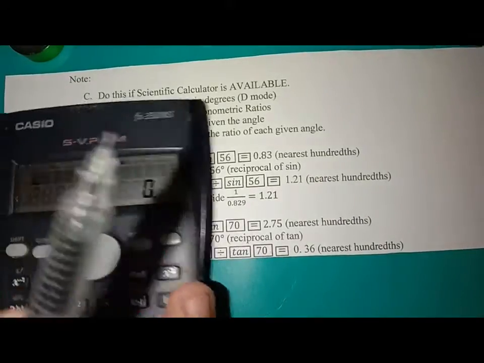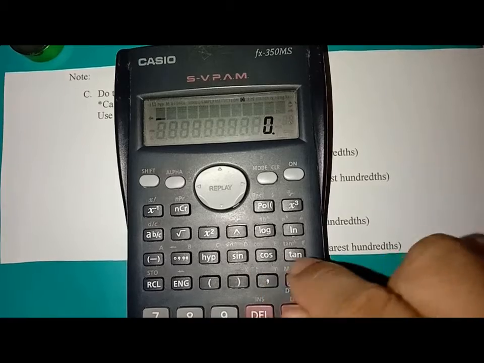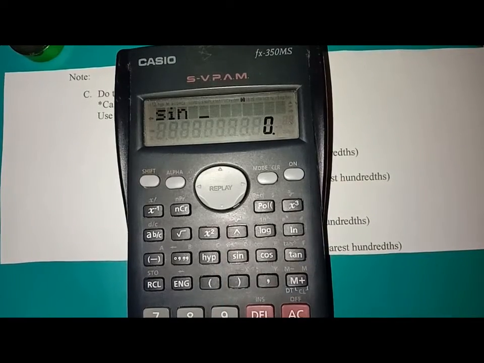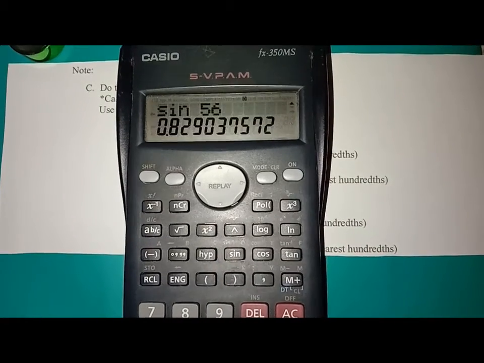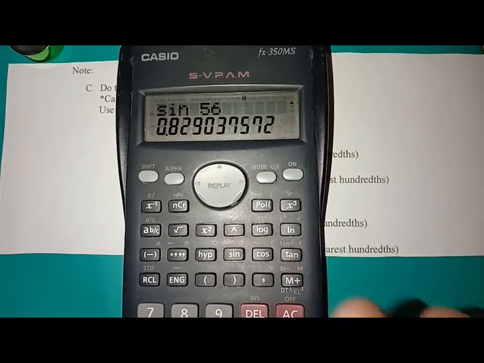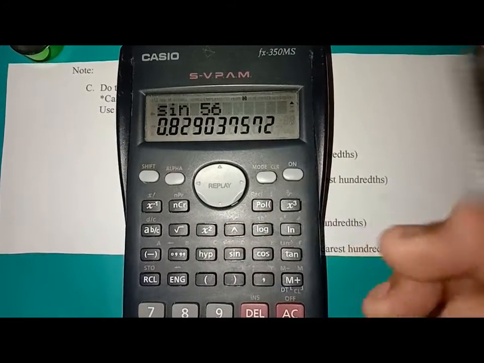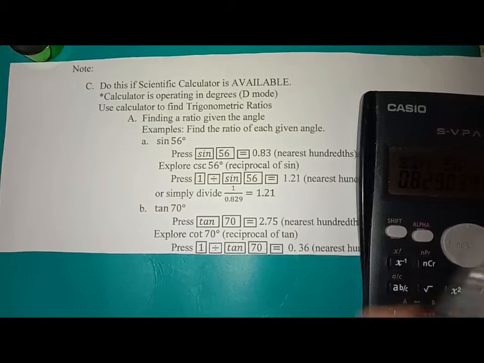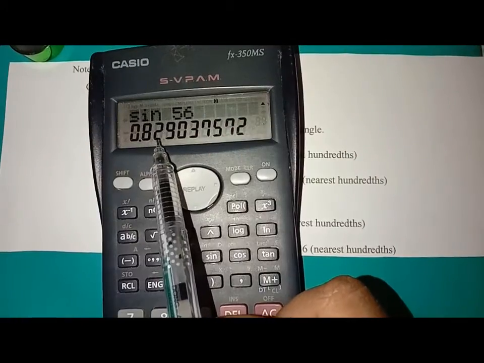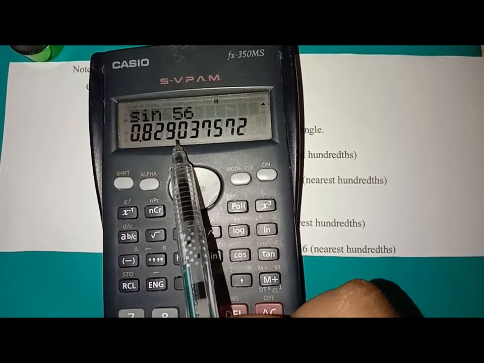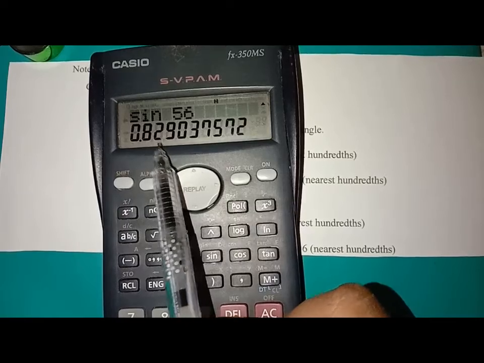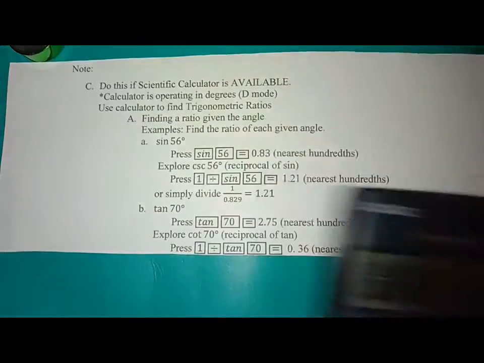Let's demonstrate. Press the sine, then 56, then equals. You have 0.829037572. Since it's to the nearest hundredths, 2 is in the hundredths place, and the next digit is 9, so you add 1 here. So it becomes 0.83.